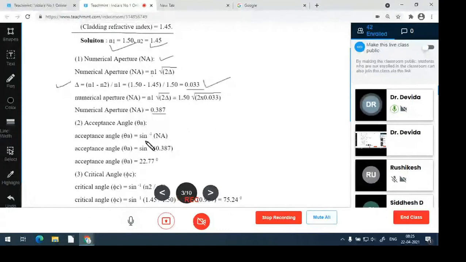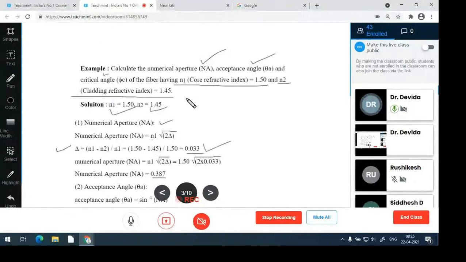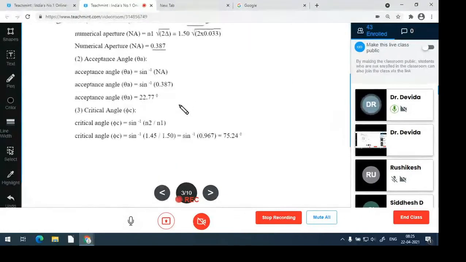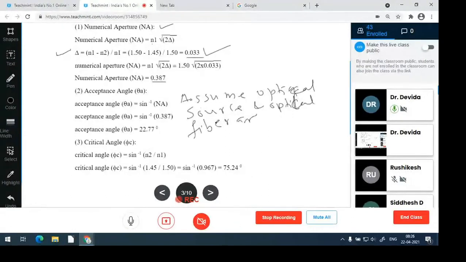Here that medium is not mentioned in the problem, so we assume here that the optical source and optical fiber are placed in air.